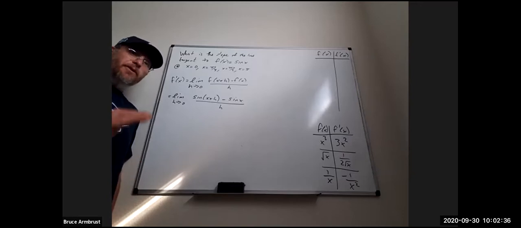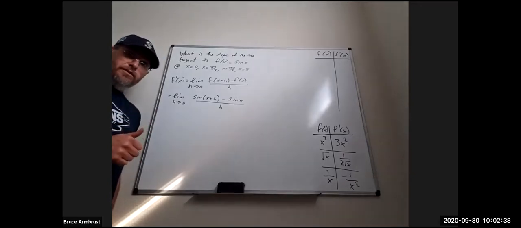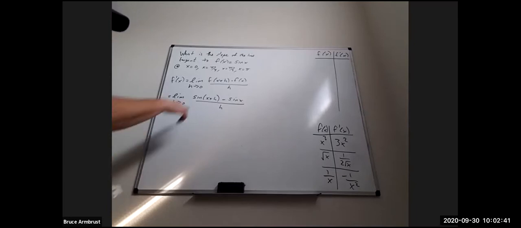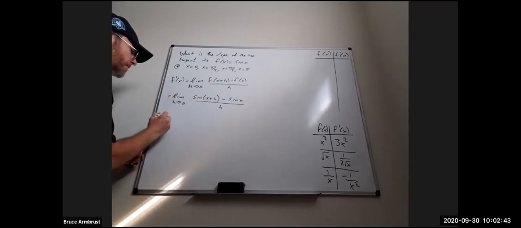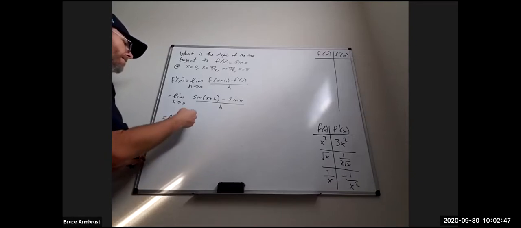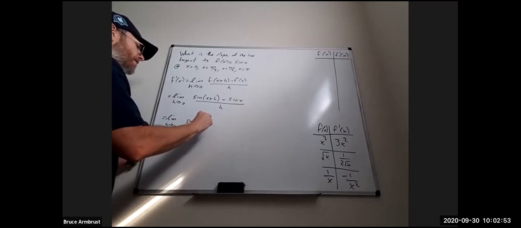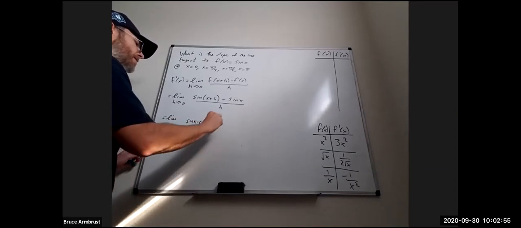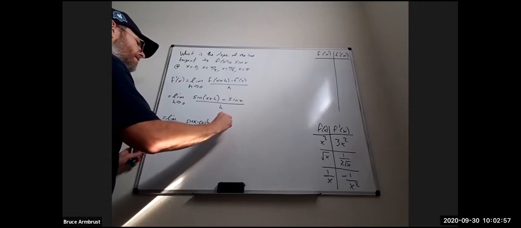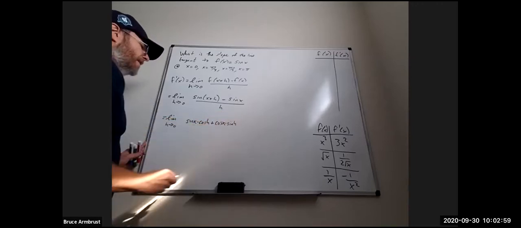But you're right, Mariola, the sum to product would work. All right, so let me just remind you of the sum of angles identity. You end up getting the sine of x times the cosine of h plus the cosine of x times the sine of h.